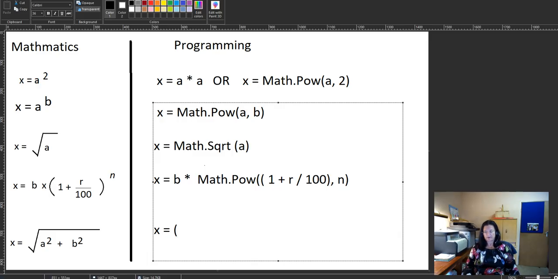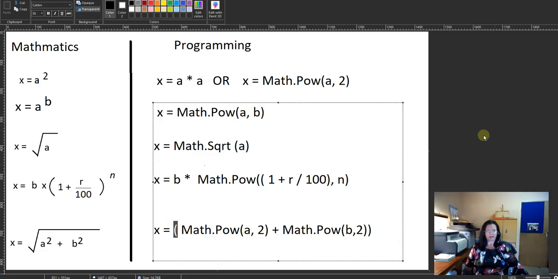Let's go and first work out what is math to the power of a, 2, plus, I need to call math.power b, 2, and then I need to add those two together.